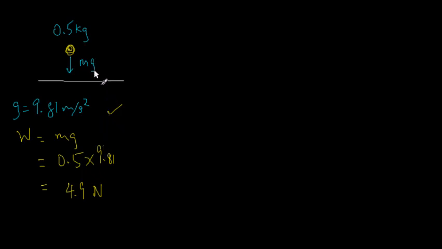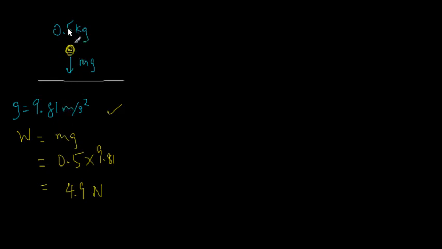If you look at this formula, look at what we've done here. We have taken the g and multiplied it by the mass to give the weight, the force of gravity. So what this means is that if I have a 1 kilogram mass, then g times 1 kilogram is just 9.81.